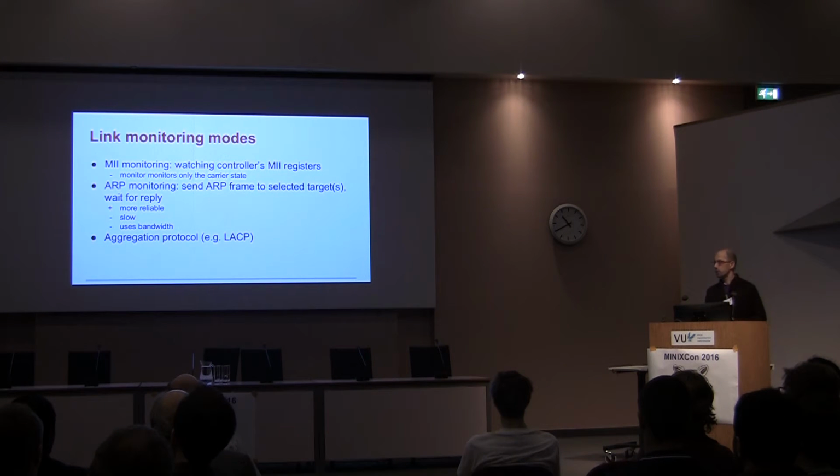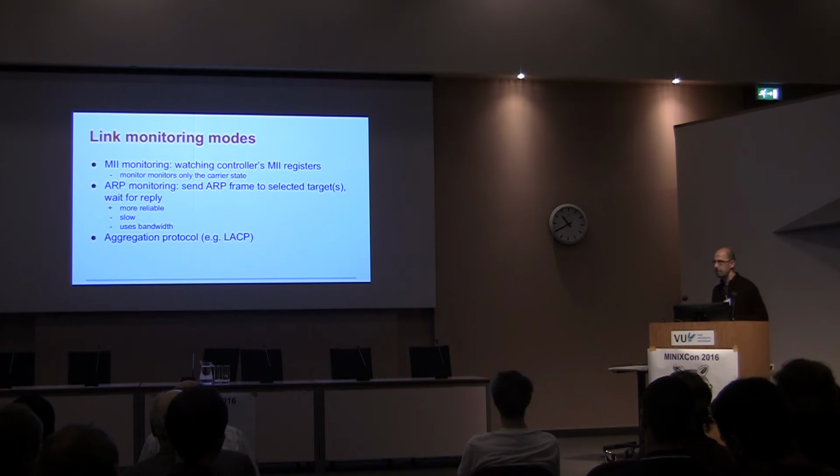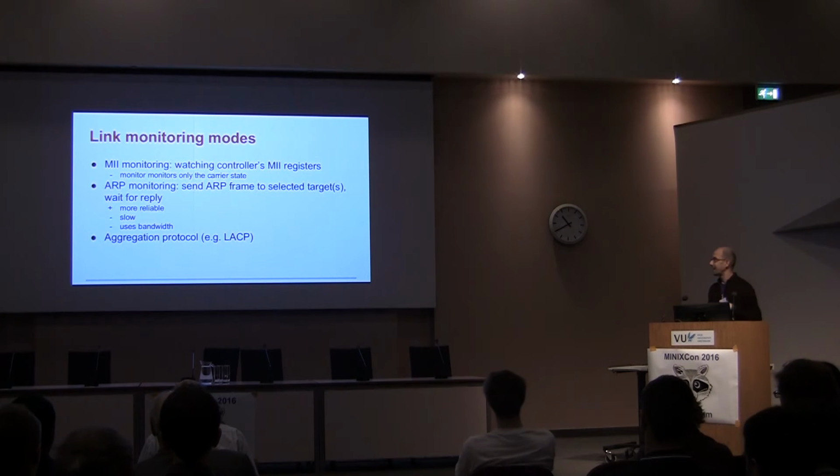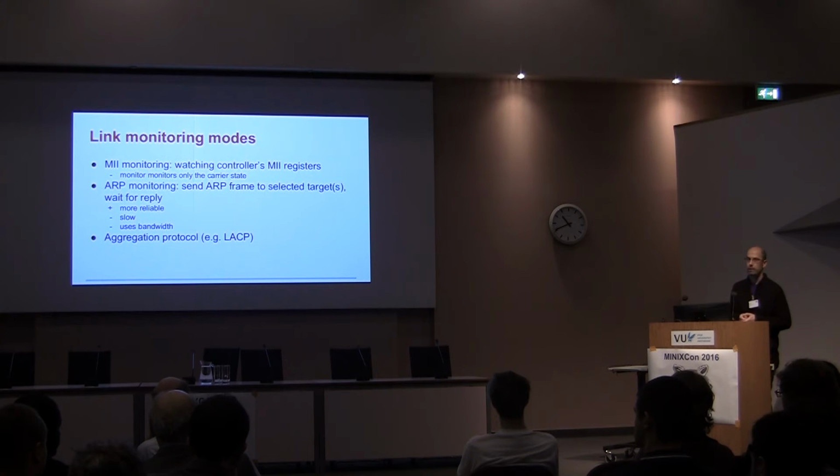However, usually the link is monitored by monitoring the state of the MII registers. MII stands for Media Independent Interface. So it monitors the carrier state of the link. Is there voltage on the cable or not?